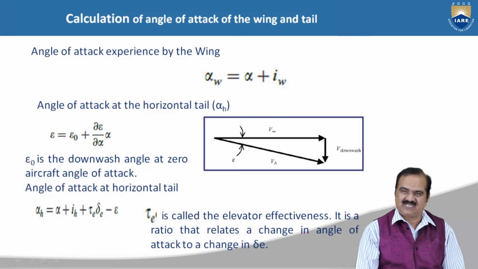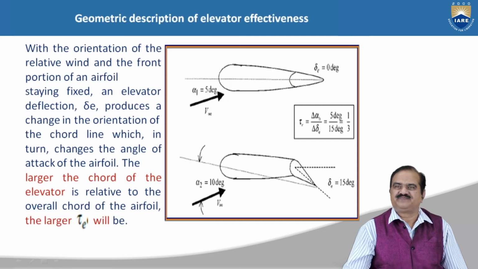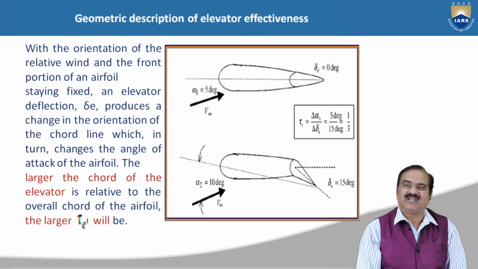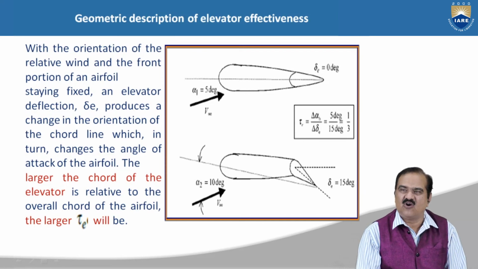So this is the equation where alpha H is equal to alpha plus iH plus tau E delta E minus epsilon. What is the geometric description of elevator effectiveness, that is the tau E?